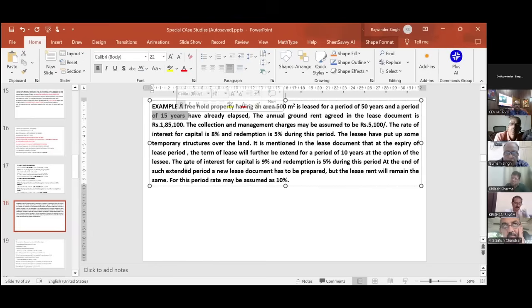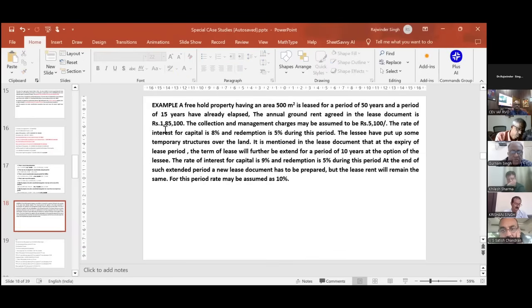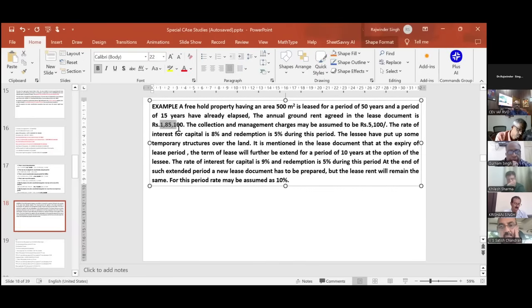So for the 35 years, he will be receiving an amount of rupees 1,81,500, out of which 5,100 is to be deducted for collection, management charges, or whatever.